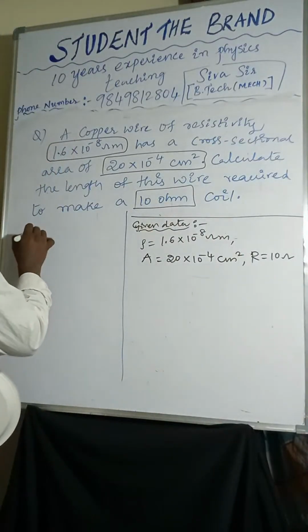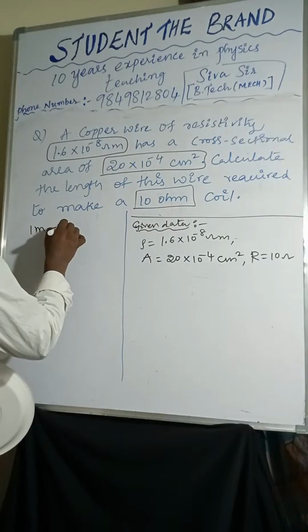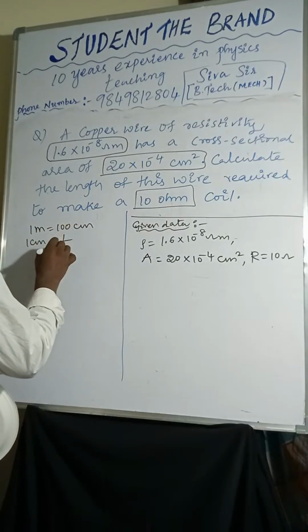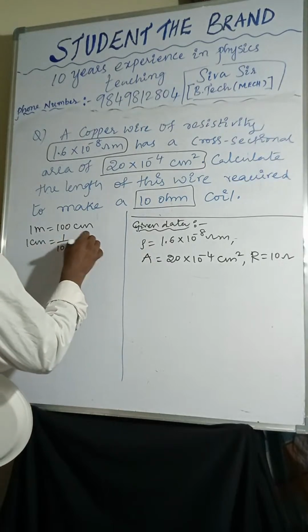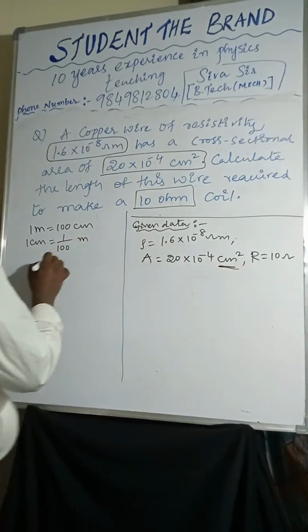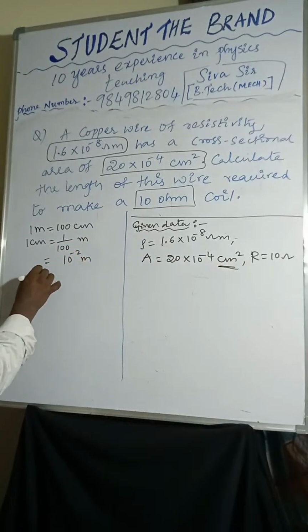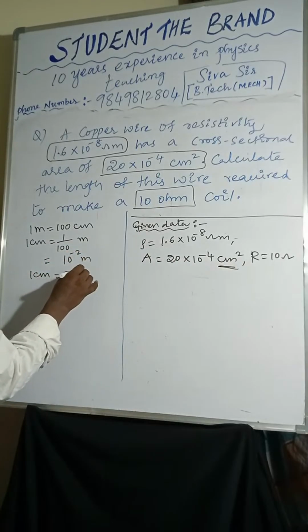So I am taking 1 meter equal to 100 centimeter. 1 centimeter equal to 1 by 100 meter, that is 10 power minus 2 meter.